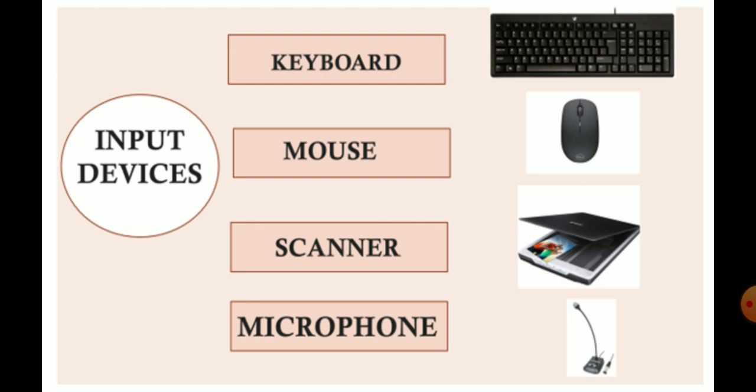Then there are function keys. Where there are alphabet keys, above them are the numbers, and above that are the function keys. If you see a keyboard, you will see F1, F2, F3, F4 till F12. All these are function keys.